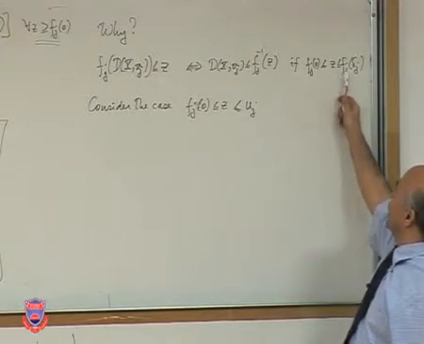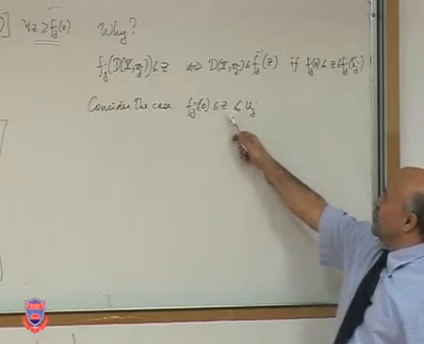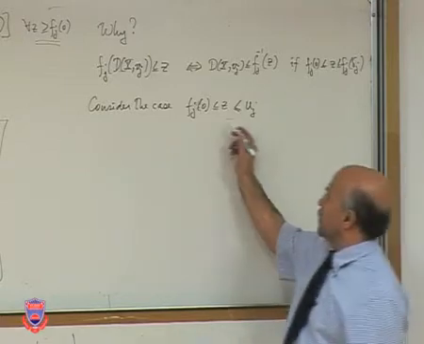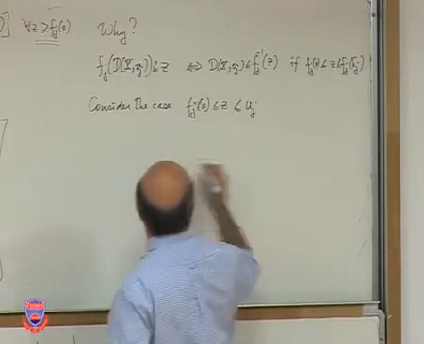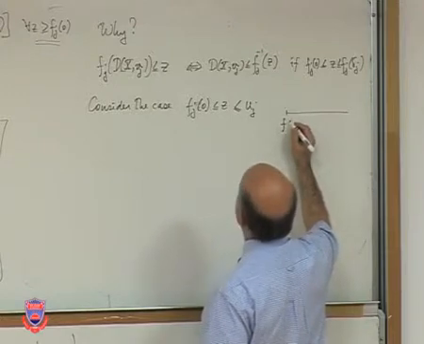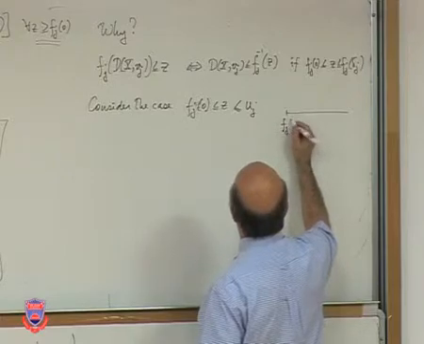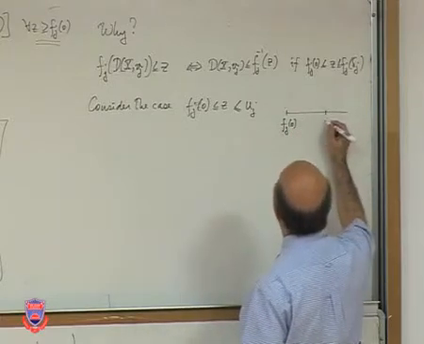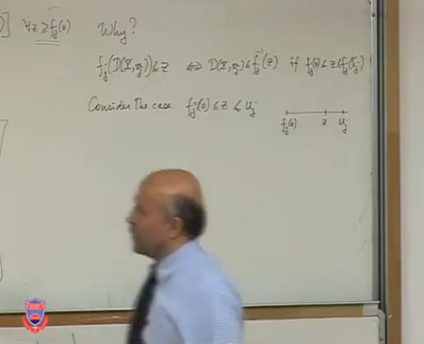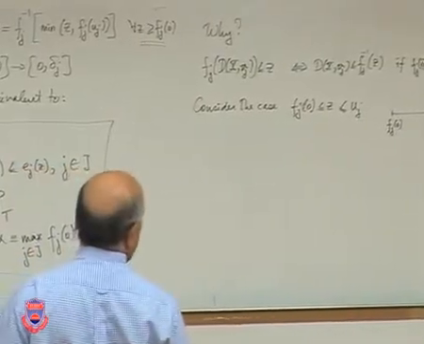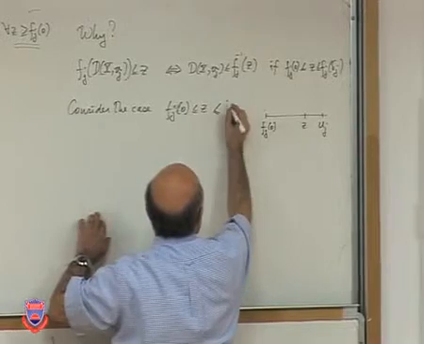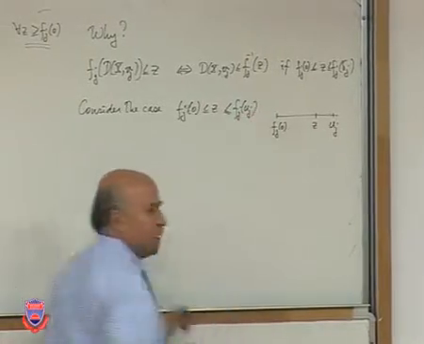Z is either less than or equal to Fj of uj, or it could also be greater than Fj of uj.